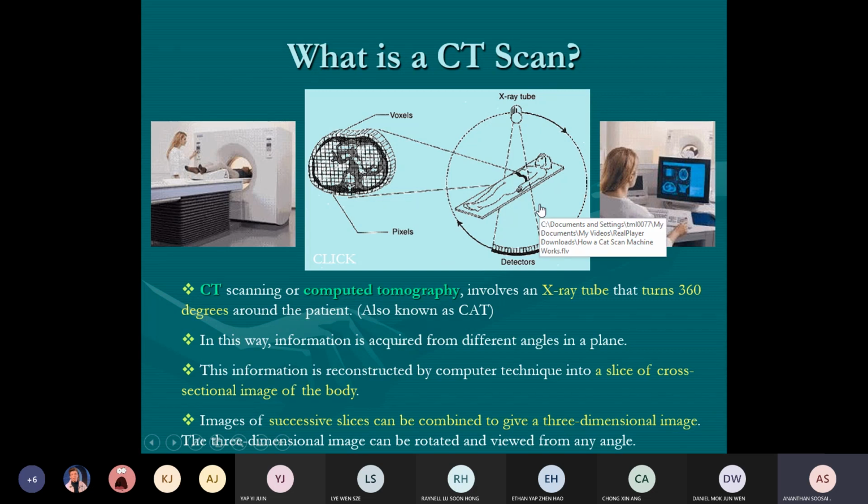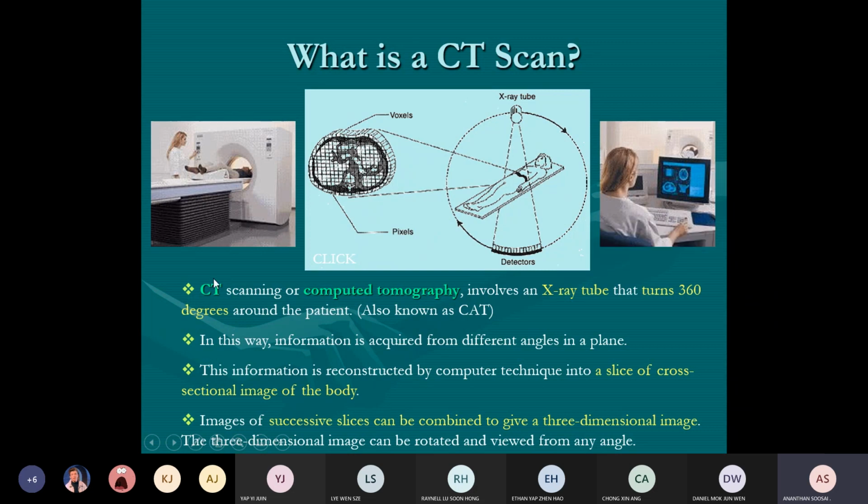Then all the images will be combined to give a 3D view. CT scan is technically better than X-ray. X-ray just gives you a 2D shadow image, but CT can give you a 3D view and a slices view.